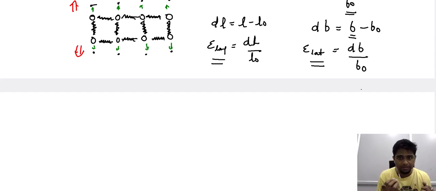So since both these emerge from a single form of loading, what we essentially need is a parameter which can comprehensively discuss both the longitudinal strain and the lateral strain. One easiest way of arriving at such a parameter that quantifies both the lateral strain and the longitudinal strain is just by taking the ratio of the lateral strain and the longitudinal strain.